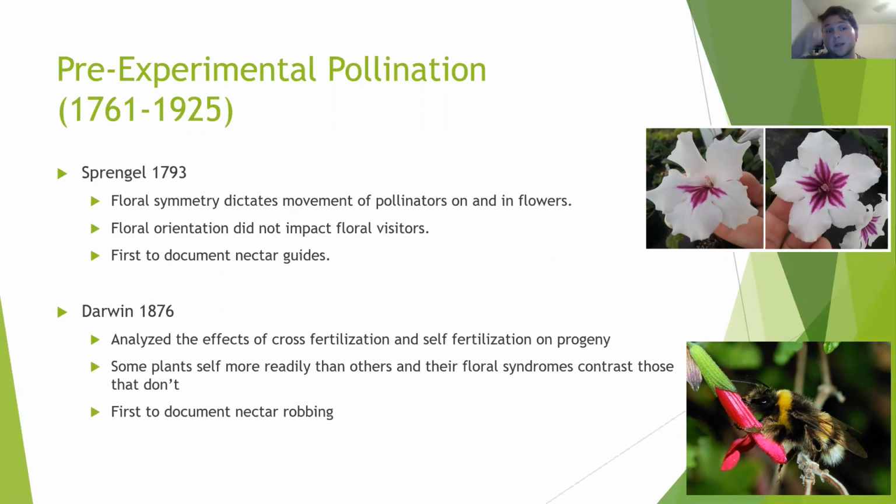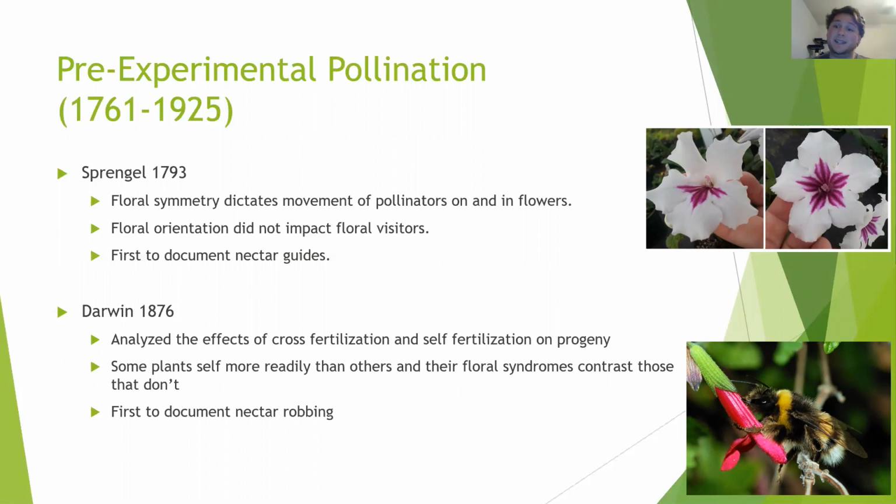And so Springle in 1793 was looking at flower symmetry and how that kind of impacts pollinators and how it drives them to visit, as well as orientation, which he didn't believe impacted pollinators, and nectar guides, which he was the first person to really understand that the purple that you see on the inside of those flowers is actually there to help guide the pollinator in to get the nectar. And so understanding those mechanisms.